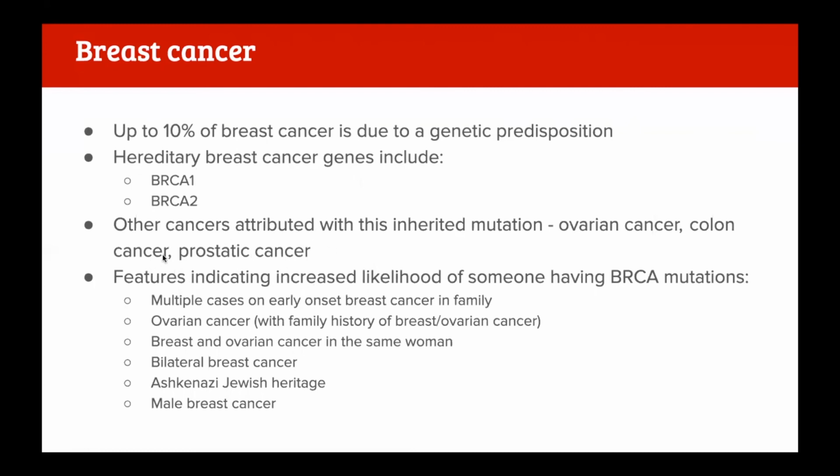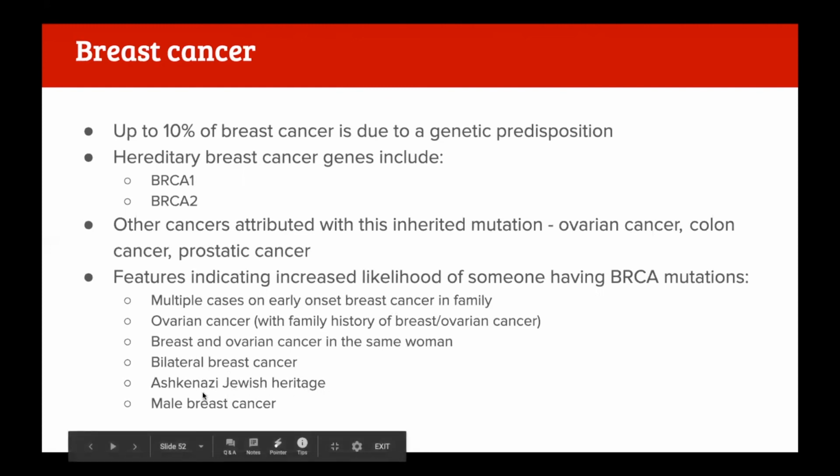Some features that indicate an increased likelihood of someone having BRCA mutations include multiple cases of early onset breast cancer in the family, ovarian cancer with a family history of breast or ovarian cancer, breast and ovarian cancer in the same woman, bilateral breast cancer, Ashkenazi Jewish heritage, and male breast cancer.